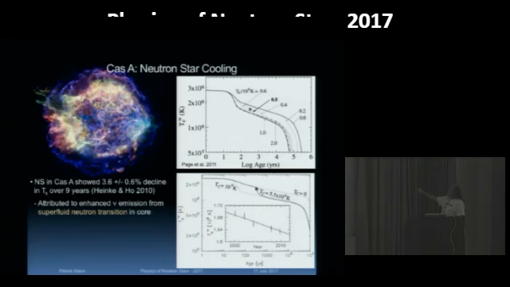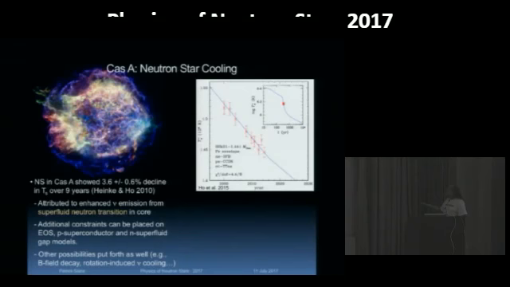And they found that they could explain the observed cooling fairly well with this particular value of the critical temperature. It won't surprise you that slightly different models for the equation of state and different models for how the onset of the superfluidity as well as superconductivity of the protons takes place, that one can fit the data with slightly different models as well.